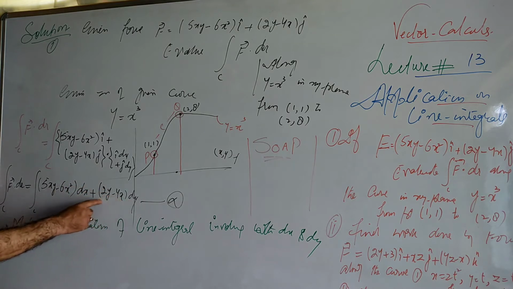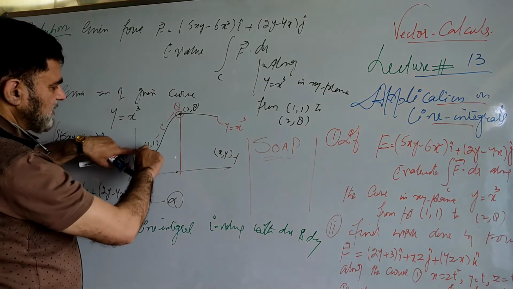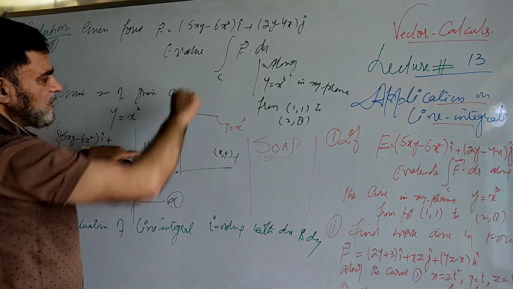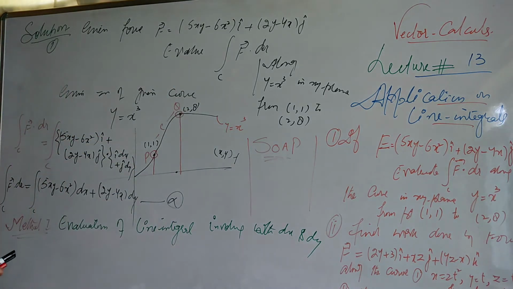If I want to evaluate this in terms of dy only, I have to replace x by its value in terms of y from the curve. For dx, x will go from 1 to 2, and y from 1 to 8. You see, evaluation along both dx and dy.